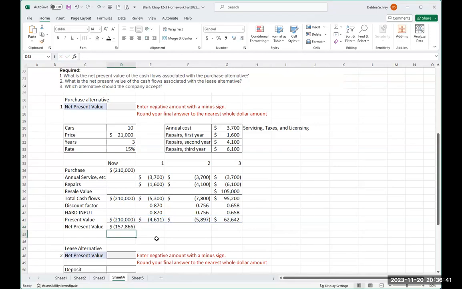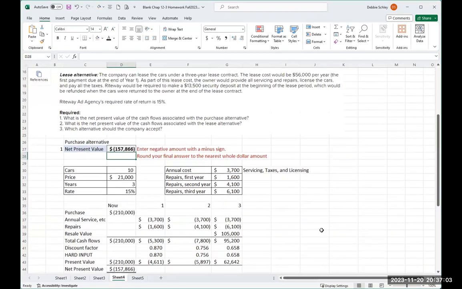And so in the long run, the net present value for this one is a negative 157,866. So we're rounding to the nearest whole dollar, and we're entering things with a minus sign. So that is our purchase alternative.